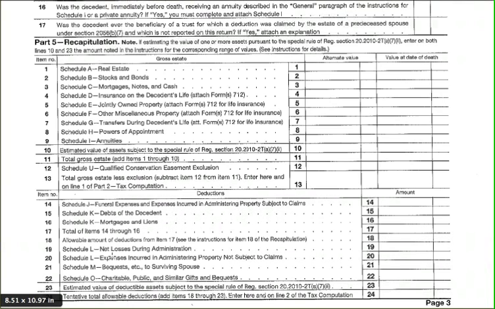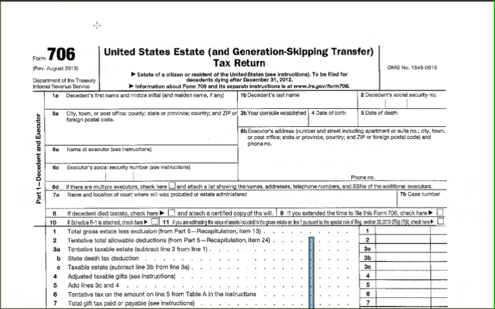The recapitulation gives you the gross estate that flows back to the first page of the 706, and items 12 through 13 here have the exclusion factors that you need to flow back to page 1 of the 706. So between them, we've just identified our taxable estate that is shown on the 706, page 1.